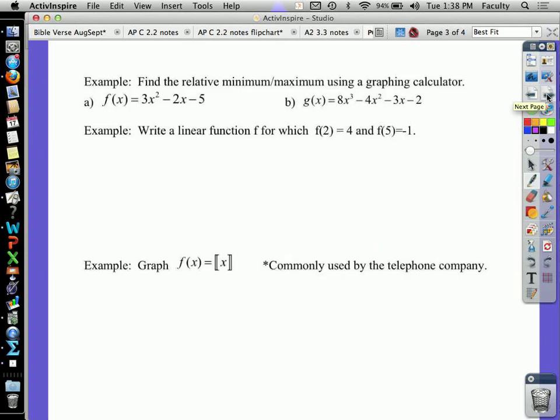All right, use your graphing calculator, and I want you to find the relative minimum, relative maximum using your calculator. We just reviewed the buttons. Please round your decimals 3 places.